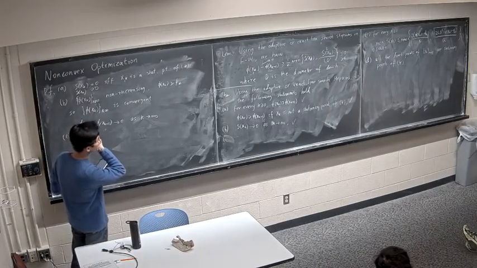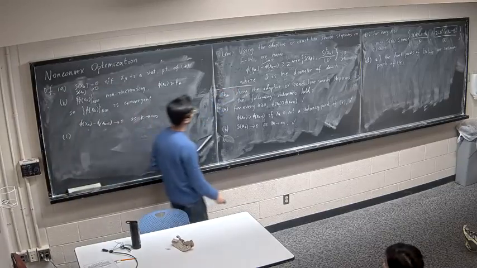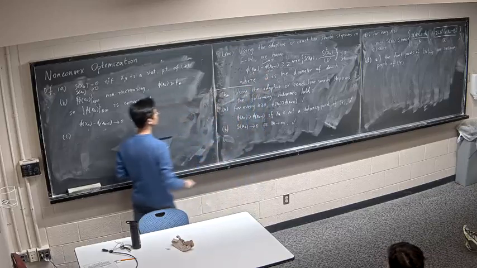For part C, we also need to use this key lemma. This is again giving us a telescoping sum, right? So let's just sum them up over iterates.